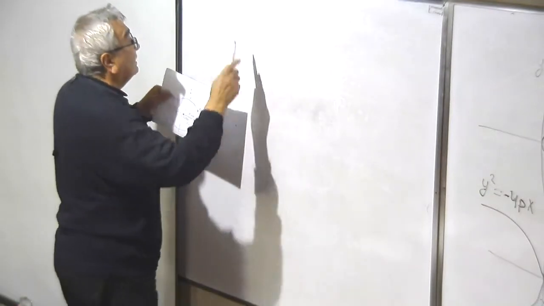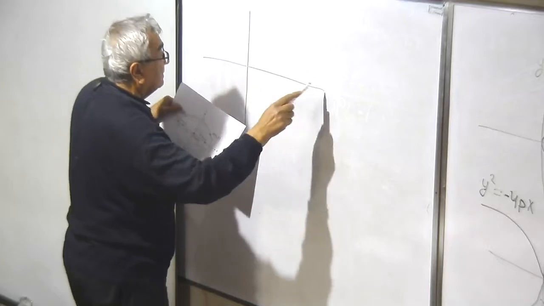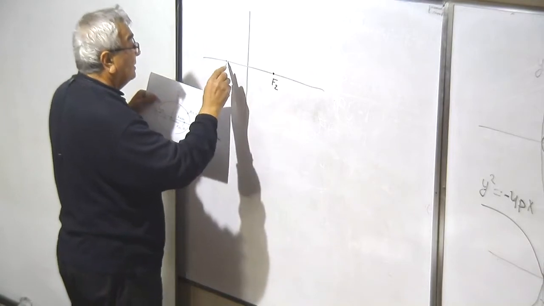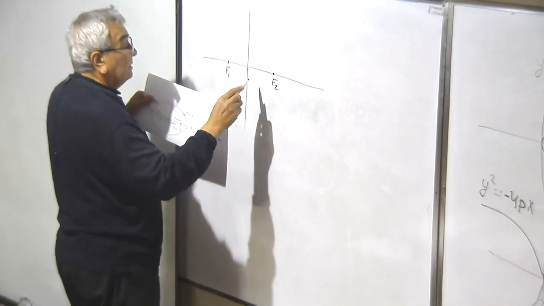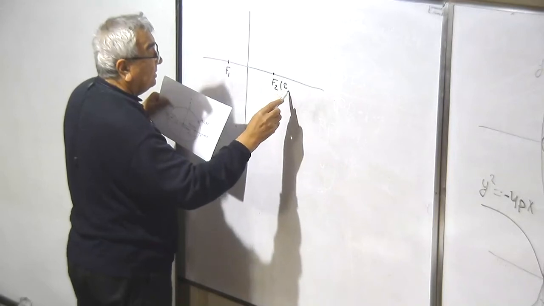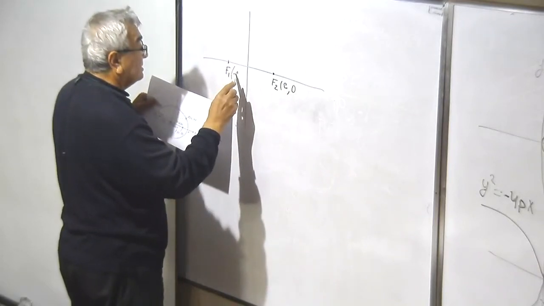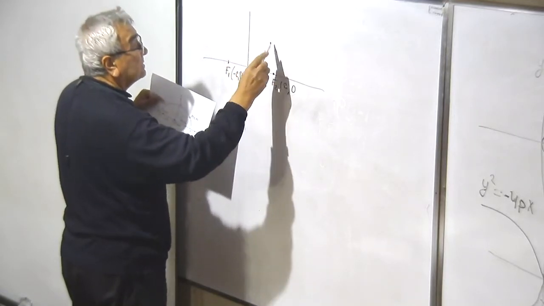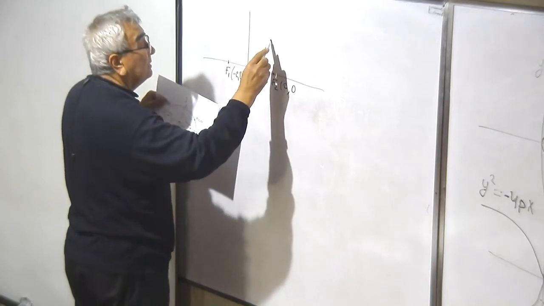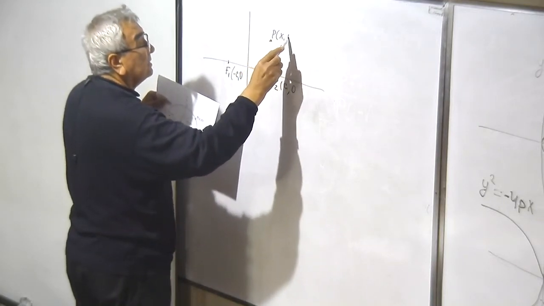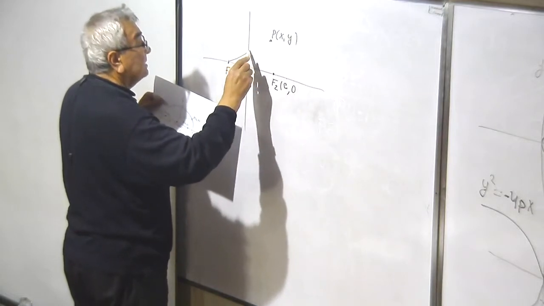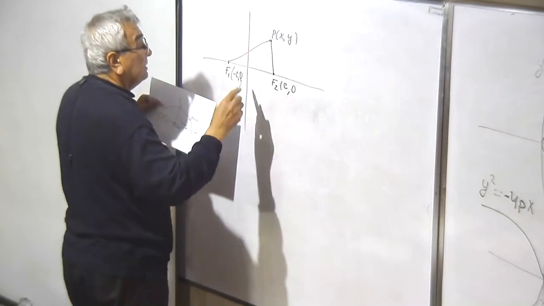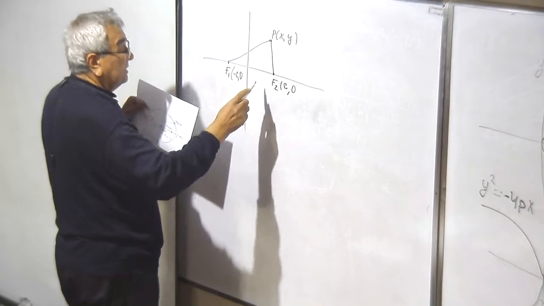Again, here's the focus F2, here's the focus F1. Coordinates (c, 0) and (minus c, 0). And here's some point P, which has coordinates x, y. Let us write what this distance will be.